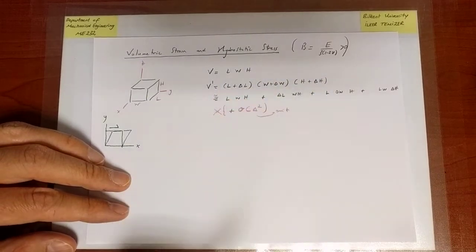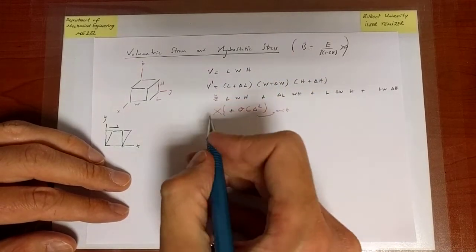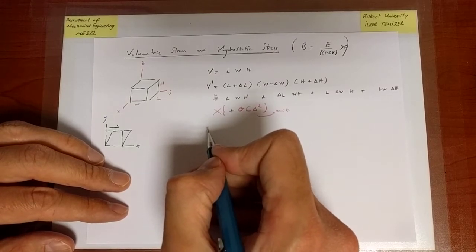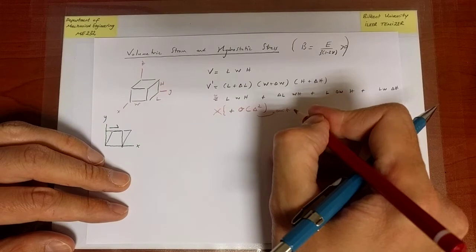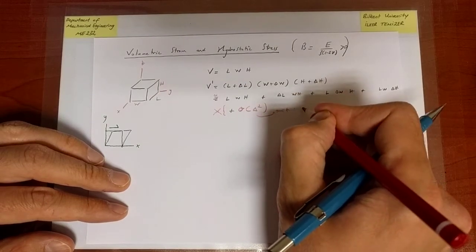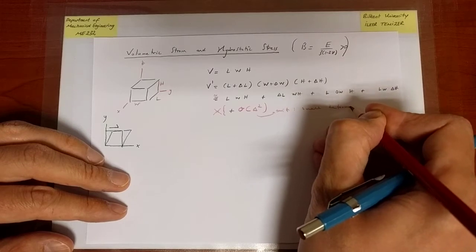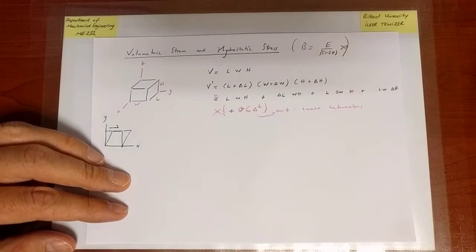Let's make that a larger x so it's not a multiplication sign. All right, so then we can go ahead and calculate. Okay, let's also note that this is small deformations. That's where the observation comes from.